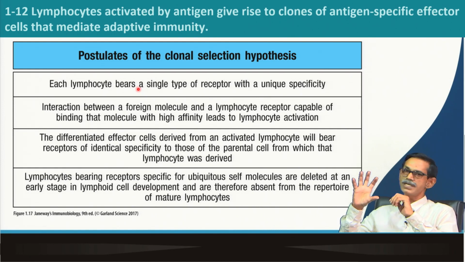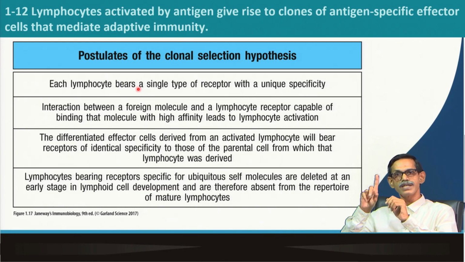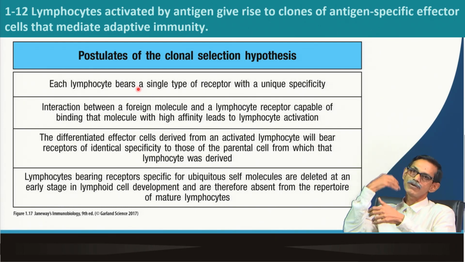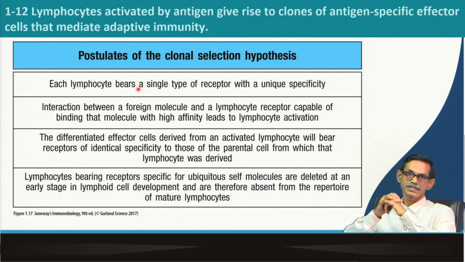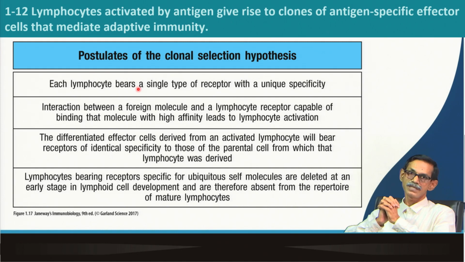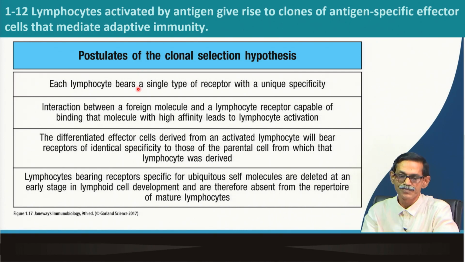That means one lymphocyte, whether B or T, will produce only one kind of receptor. If it interacts with a triangular antigen, it will always interact with a triangular antigen, and all the receptors will interact with the triangular antigen. So, one B or T cell produces a single type of receptor with unique specificity, and it will not cross-react with others.